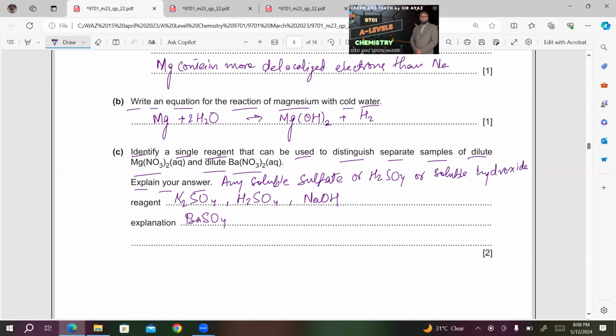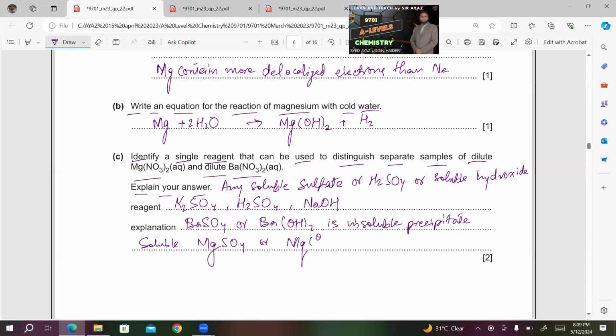BaSO4 is an insoluble precipitate, and with sodium hydroxide it will form barium hydroxide, Ba(OH)2, an insoluble precipitate. So what about magnesium? Magnesium forms soluble ones, magnesium sulfate or magnesium hydroxide.